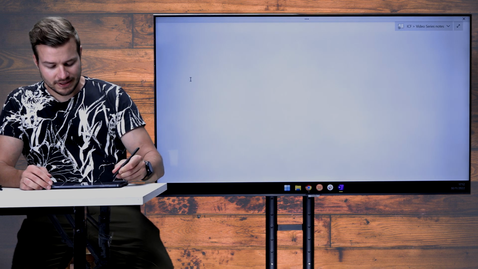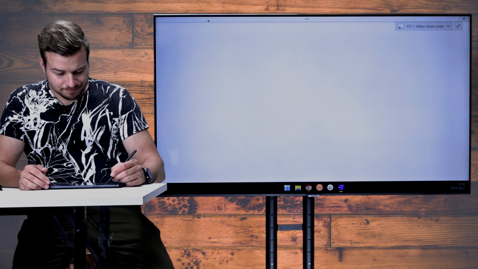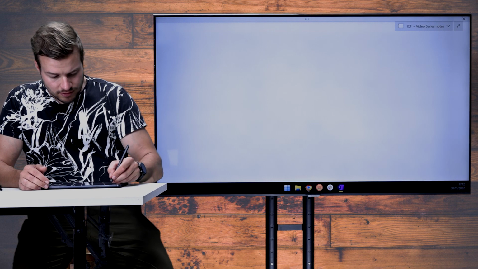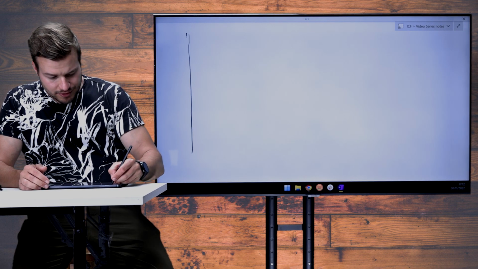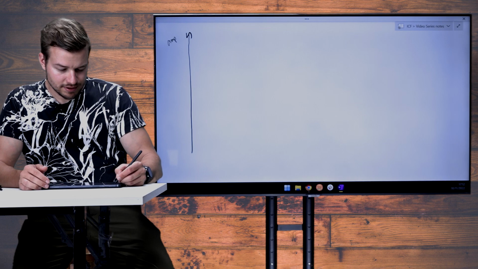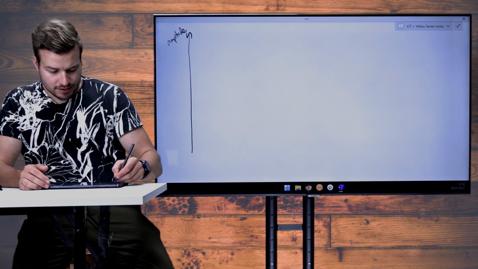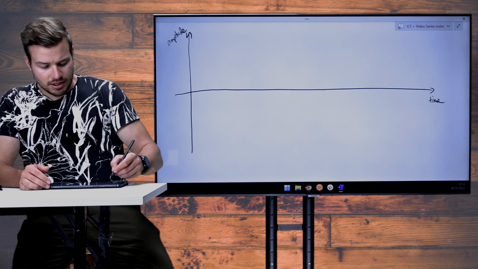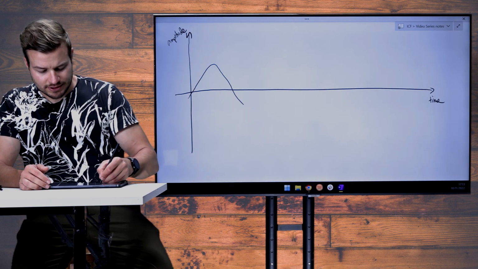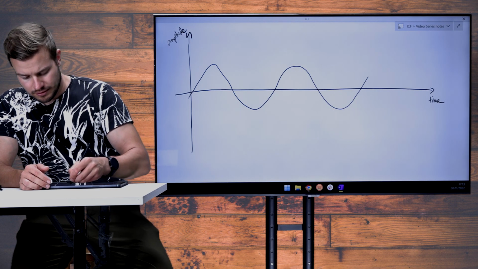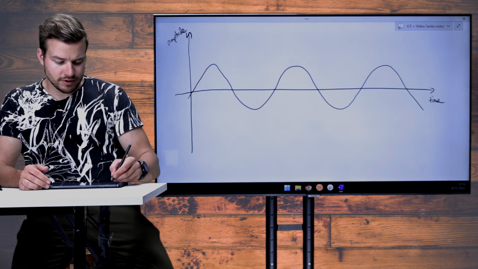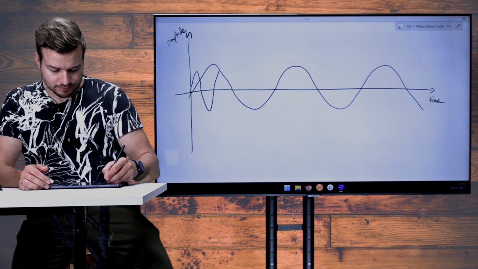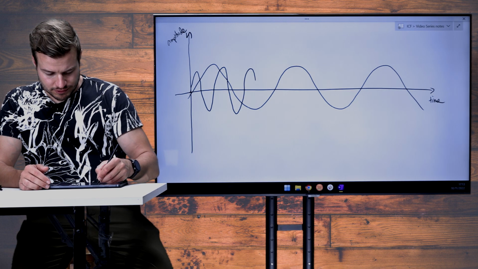So let me draw a little graph for you here. This is the amplitude, and this is the time, and we got our first sound wave, something like that, and then we got a second sound wave, something like that.